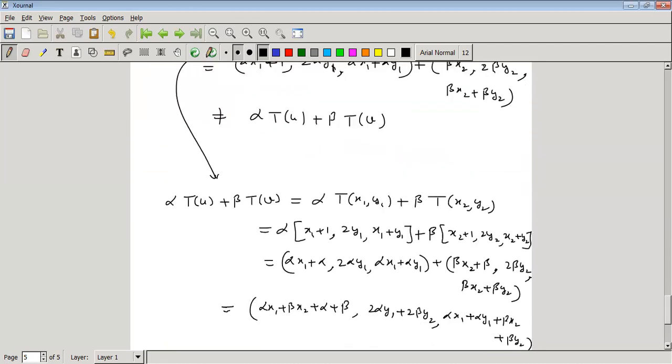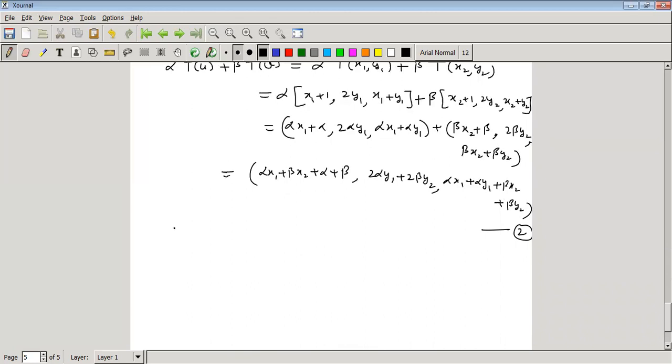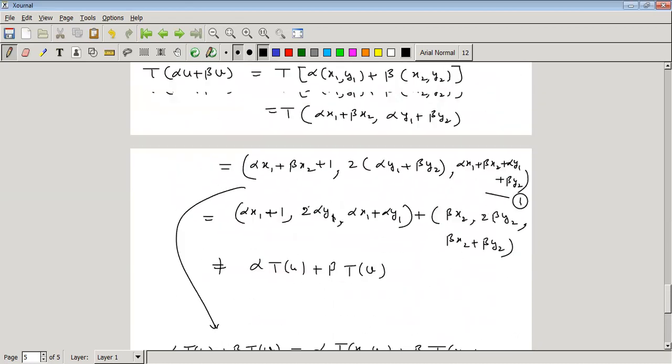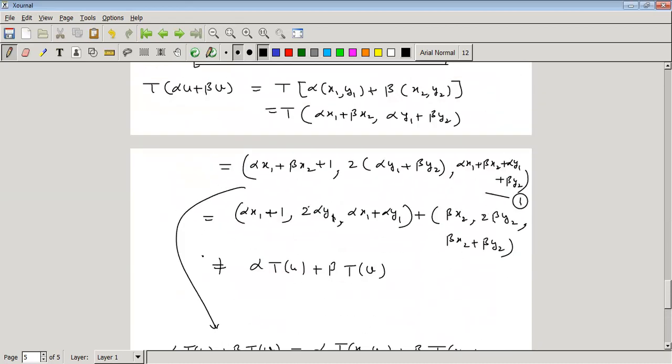So if it is not equal, we can say from first and second, we get T of alpha u plus beta v is not equal to alpha times T of u plus beta times T of v. So you can also do like this. Either you can go through this part, again you get the same result.